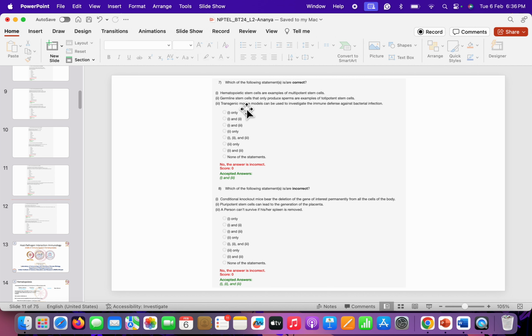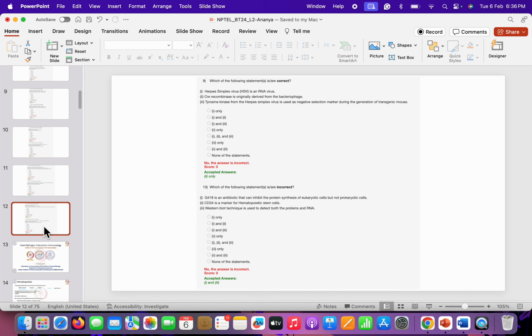later. So transgenic mouse models can be used to investigate the immune defense against bacterial infection. Yes, this is correct. So which of the following is incorrect? Conditional knockout mice bear the deletion of the gene of interest permanently from all the cells of the body. We have not discussed this portion yet; we will talk about this in today's class or next class.